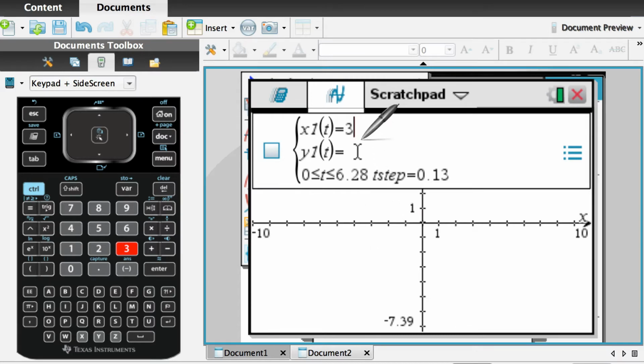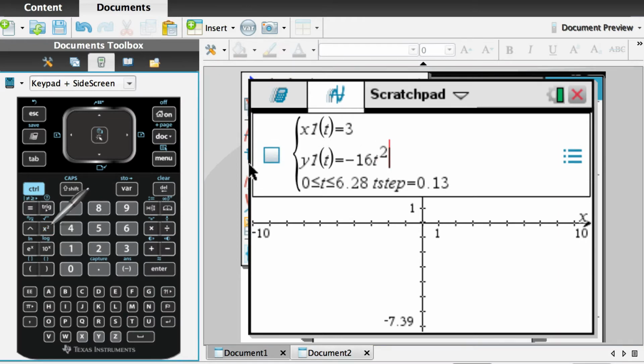And that's going to guarantee that the x-coordinate that the calculator graphs is going to be x all the time. And so now the y is going to change. And so that's going to be negative 16 t squared plus 420.